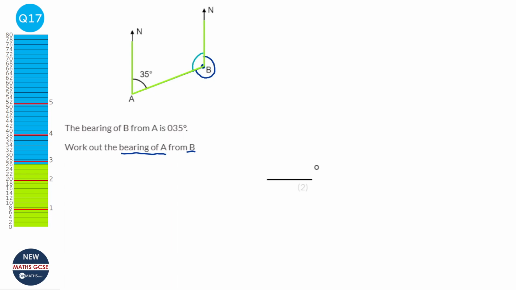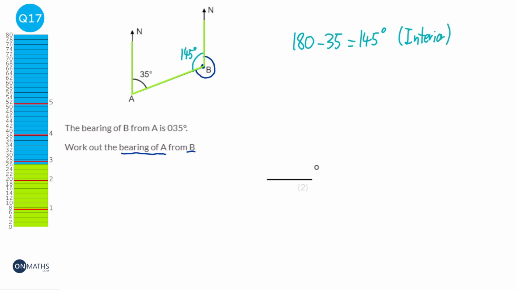To work out this angle, we can do 180 take away 35, which gives us 145 degrees. So this will be 145 degrees, and the method we use for that is that they are interior angles.